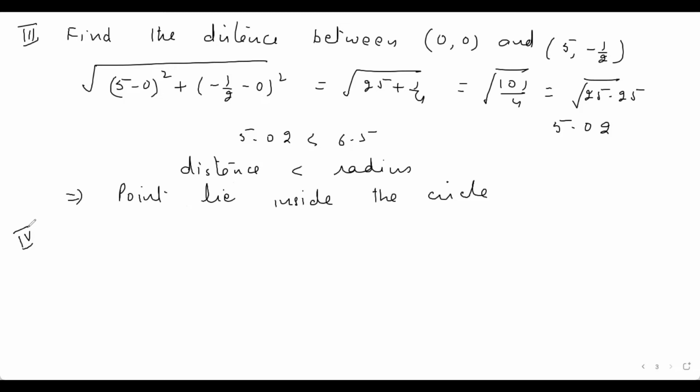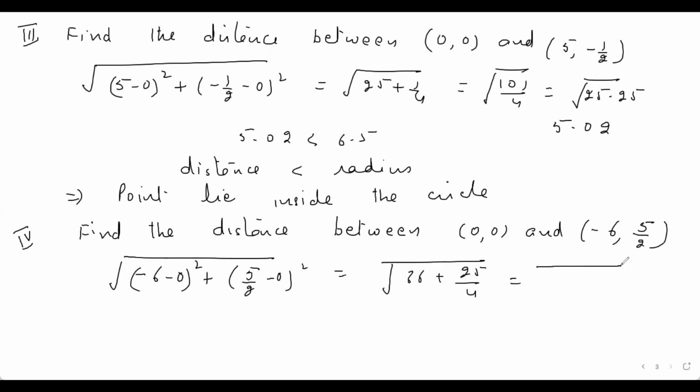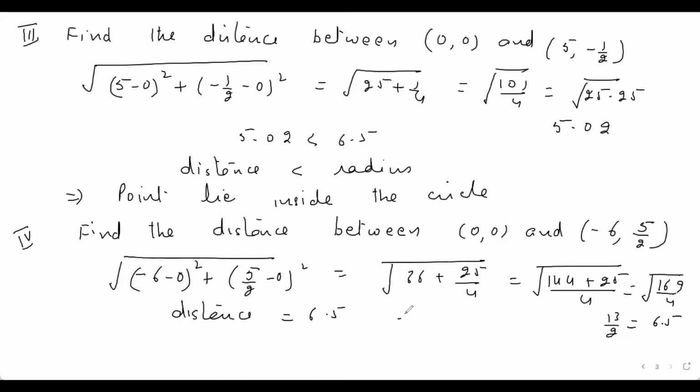Now the fourth case is, find the distance between 0, 0 and minus 6, 5 by 2. So this is equal to root of 36 plus 25/4, with 4 as the LCM, 144 plus 25. That is equal to root of 169 by 4. That is equal to 13 by 2, that is 6.5. So here distance is equal to 6.5 and the radius is equal to 6.5.